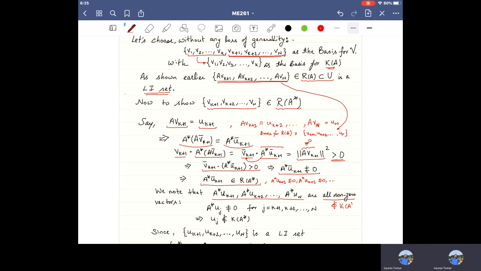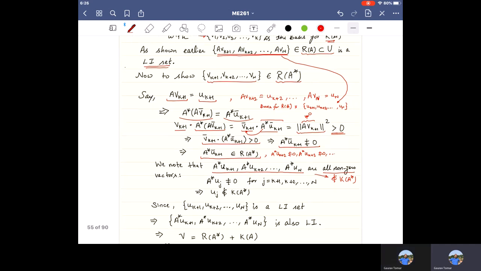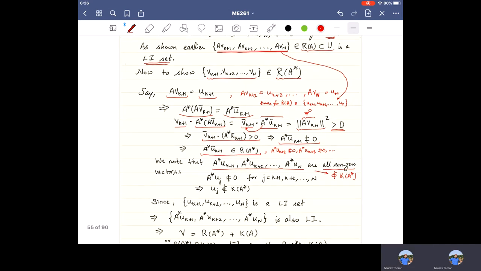They do not belong to the kernel or null space of A star. Then if these are all linearly independent, then we can show that these are also going to be linearly independent, right?